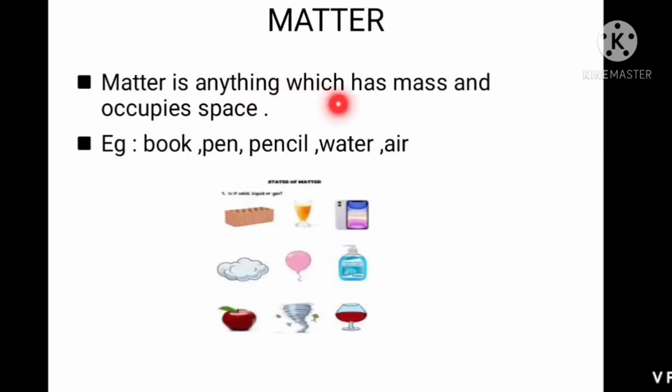Anything which has mass and occupies space is called matter. Can you say examples for matter? Everything around us, for example, books, pen, water, air, living beings, etc., are composed of matter.